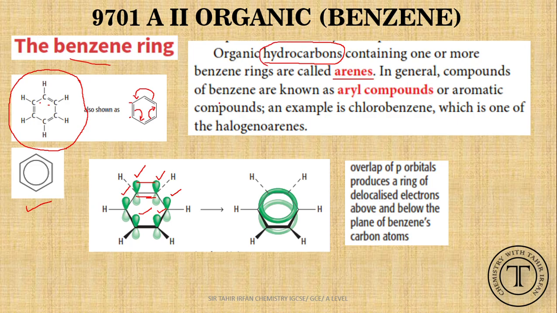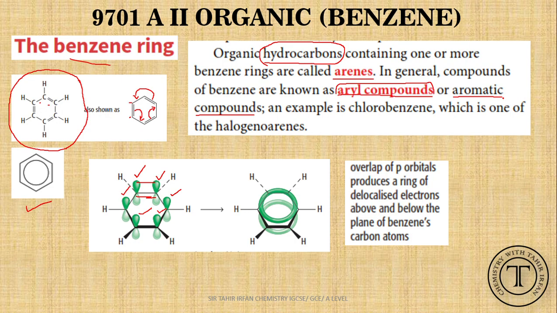In general, compounds of benzene are known as aryl compounds. So aryl compound is a better word for that. Aryl compounds or aromatic compounds. Traditionally, these chemical compounds of benzene or its derivatives were called aromatic compounds.